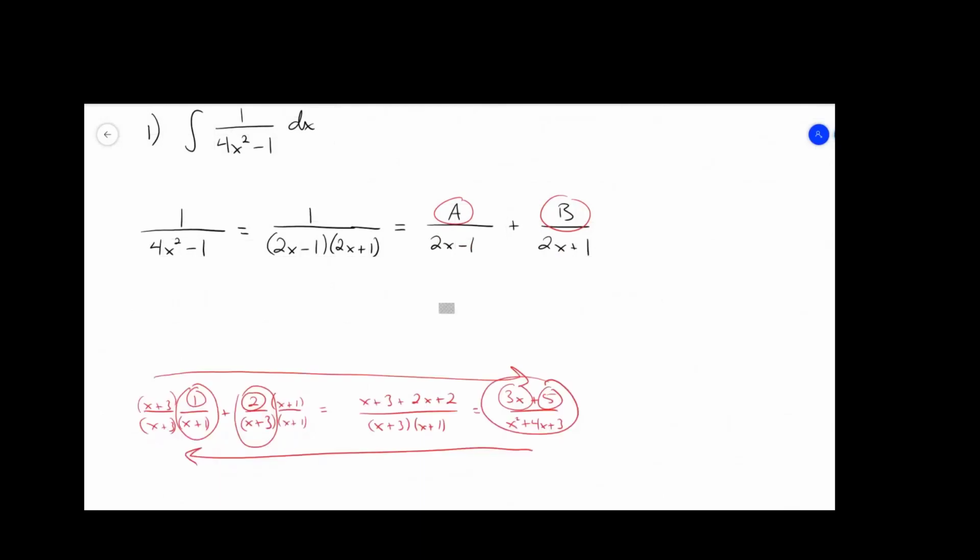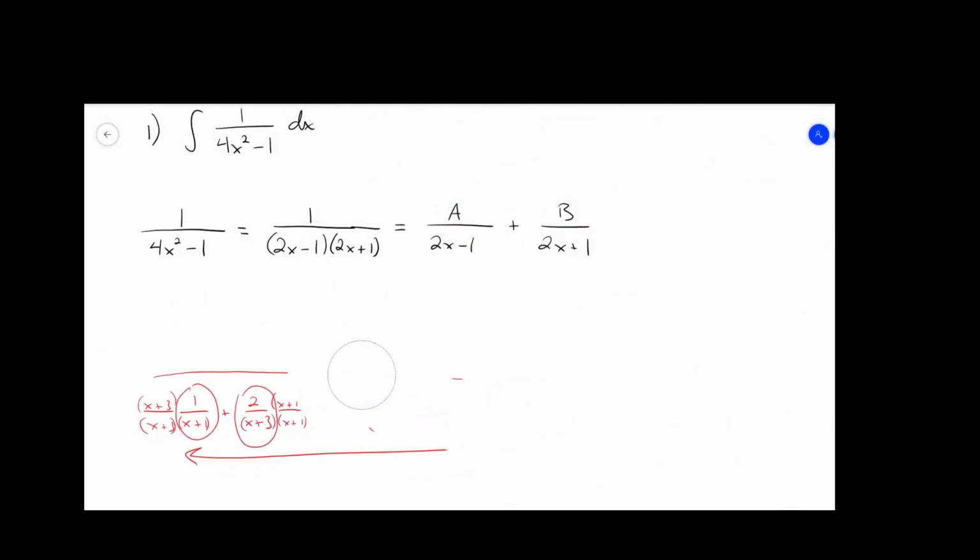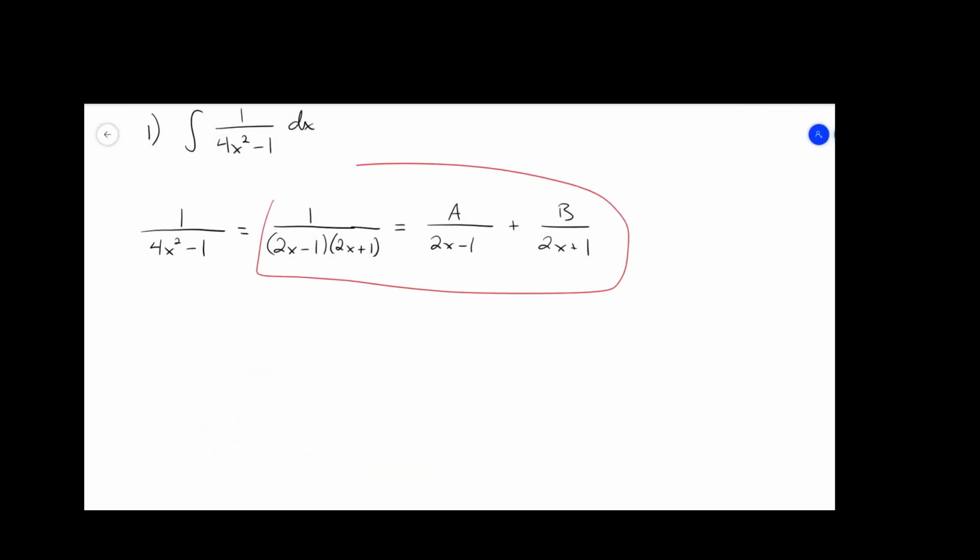Now, how do I figure out what the A and the B are going to be? How do I do that? So the way to do it is we're just going to focus on this part of the equation, just that piece right there. What do I do with that piece? I multiply through by the LCD, and this thing in the denominator here is the LCD right here.